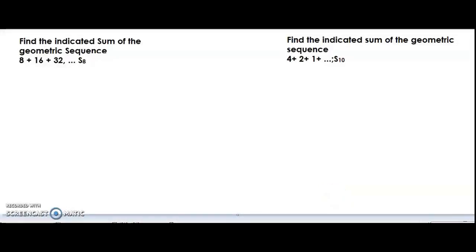Okay guys, so today's lesson is the last part of our discussion for this first quarter, which is the sum of geometric sequence. But first, let me just show you the formula for the sum of geometric sequence.